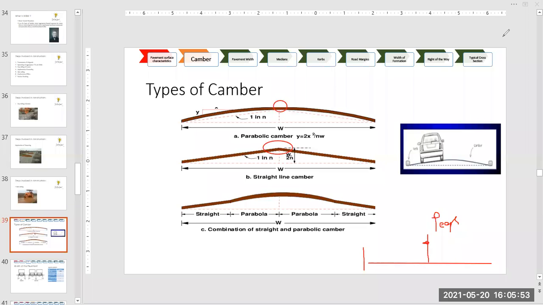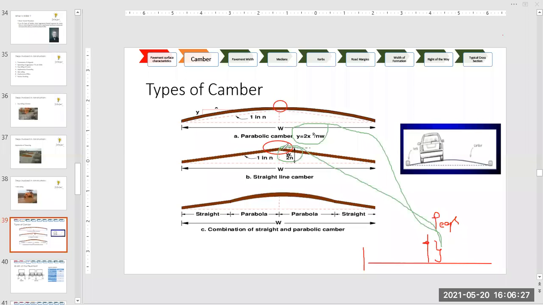So what do they do during this surveying process? During this process, they'll be putting this kind of pegs along the alignment. In order to calculate this height, we need these formulas.